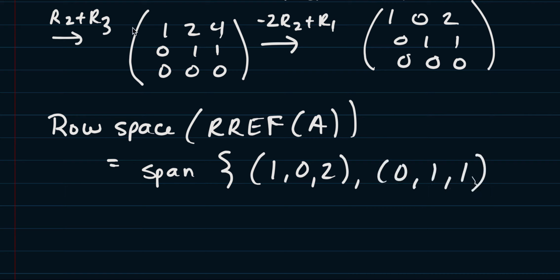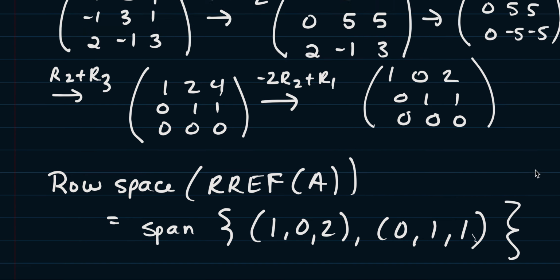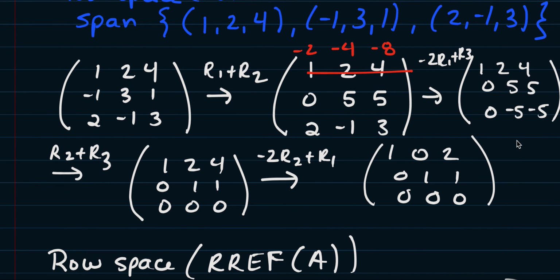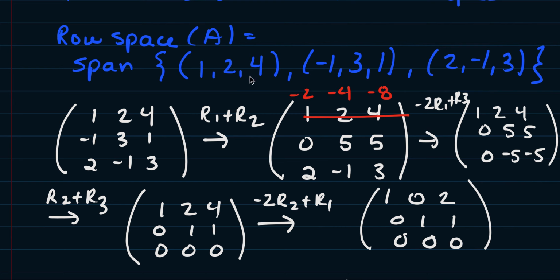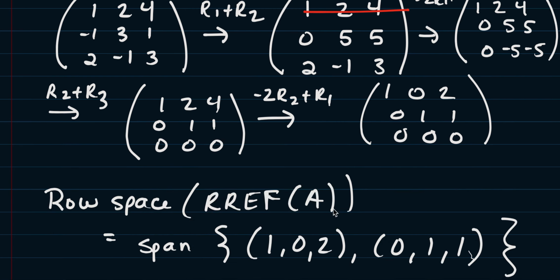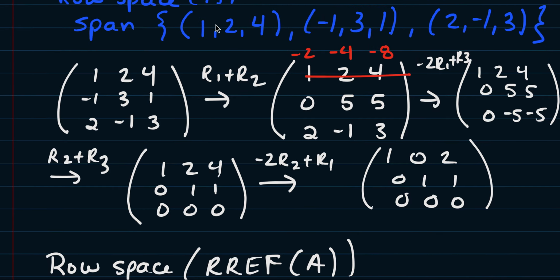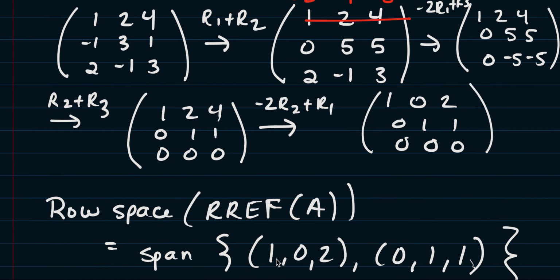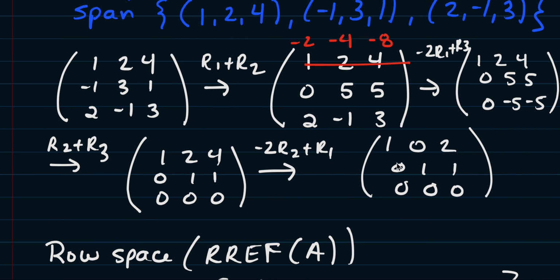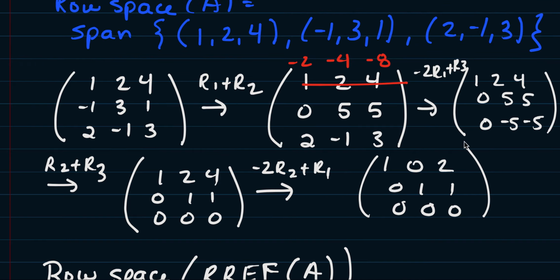And this row space is equal to the row space of A. I can get all three of these vectors as linear combinations of these two. For example, 1, 2, 4 would be one of these and two of these. I'd have a 1, I'd have a 2, and then 2 plus 2 is 4. You can do that for each one of these vectors here.